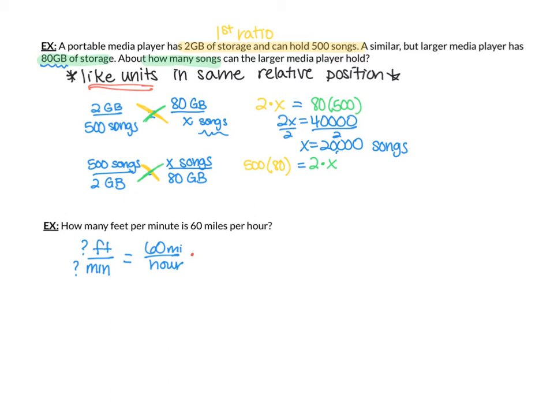So let's go from hours to minutes. I'm going to multiply this by 1 hour equals 60 minutes. Do you see how this ratio is equivalent? 1 hour is 60 minutes. But what you will notice is that my units will cancel each other out.